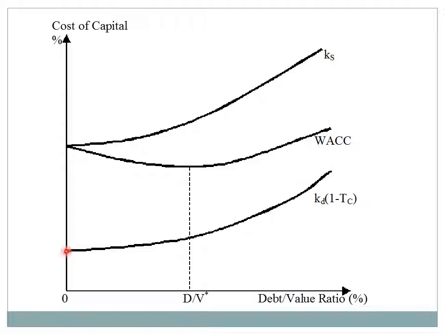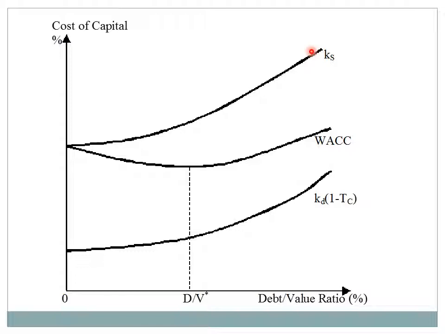And we mentioned that it's the cheapest source of financing up to an acceptable range. Your cost of equity curve, we talked about how as you increase the proportion of debt in your capital structure, your cost of equity will increase each time, because stockholders have a subordinate claim on assets, right?